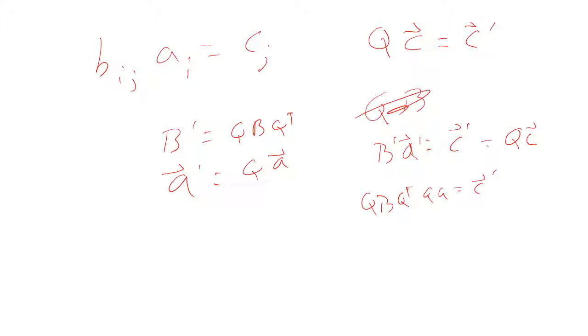Q transpose is equal to Q inverse, so QBQ inverse QA. Q inverse times Q is identity, and B times identity is just B, so that gives me QBA equals C prime. B times A is equal to C, so QC equals C prime, which is the end.